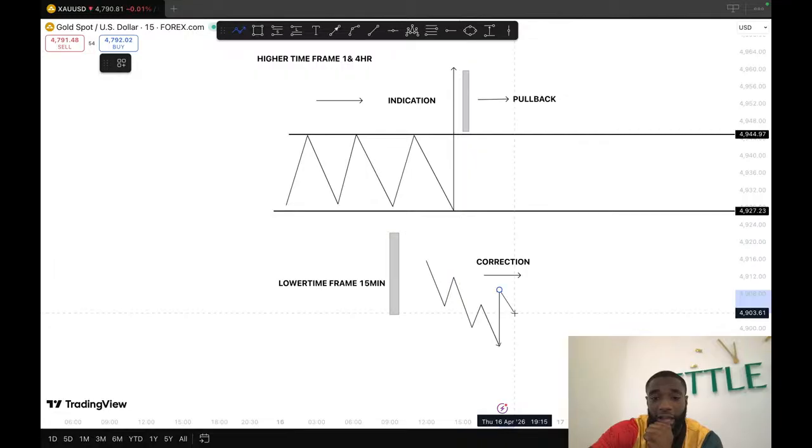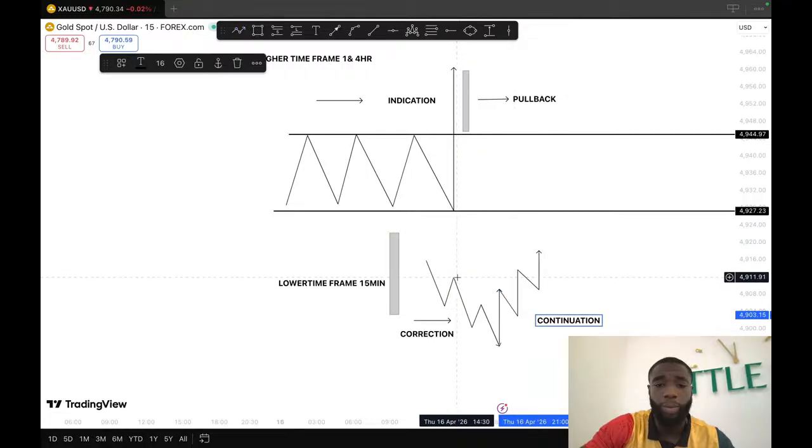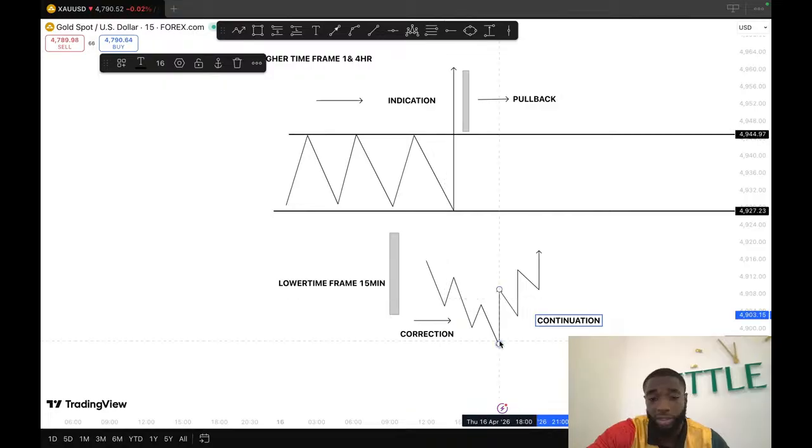And then start to see on the lower time frames a change of character. Because if price is making lower lows and lower highs, and it fails to make a lower low, breaks above the previous lower high, forms a higher low, and now it's starting to build up bullish momentum. So what you would do, let me show you.